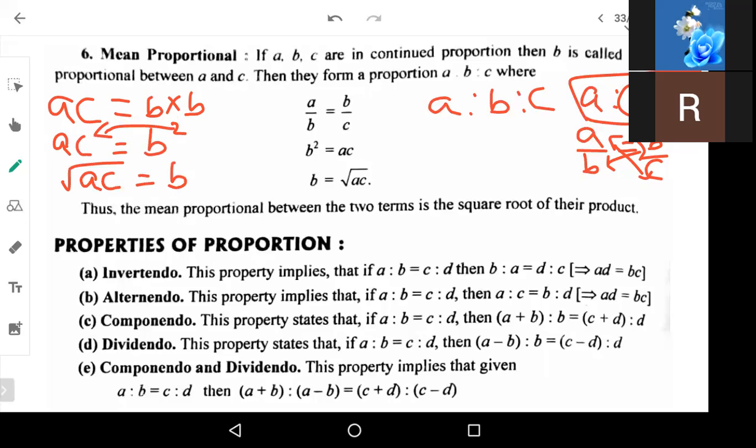Square root of AC is equal to B. So that is how you derive the complete mean proportional. We'll also have a few problems under mean proportional. Any doubts in the mean proportional?